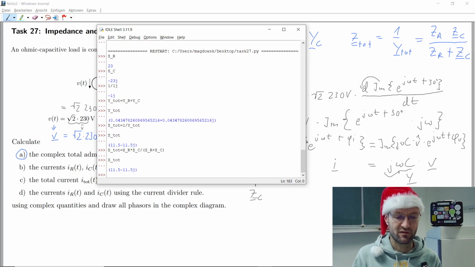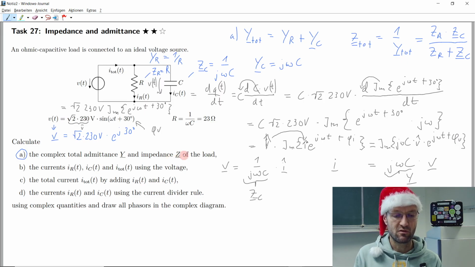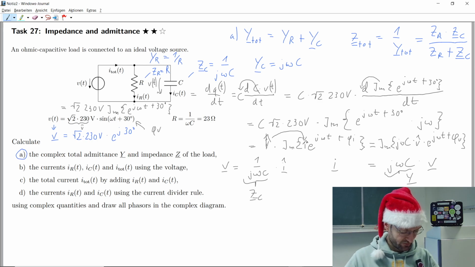Yeah? So this fits. Okay, we have the complex impedance and complex admittance of the load calculated, Y and Z. Which questions do you have so far?